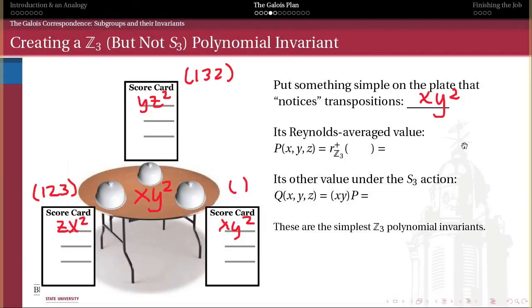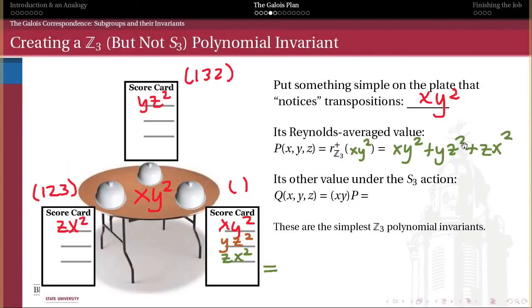When 1, 3, 2 comes down to this seat at the table, it's going to be yz squared. And then when we rotate one more time, and we bring the other permutation around, we're going to end up with zx squared. So if I Reynolds average xy squared underneath this Z3 action, I get xy squared plus yz squared plus zx squared.